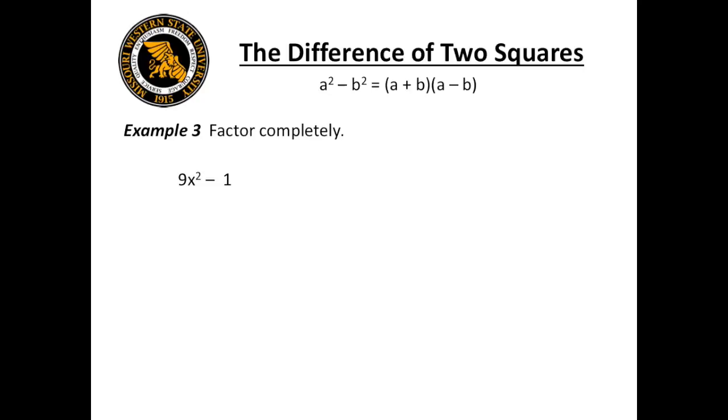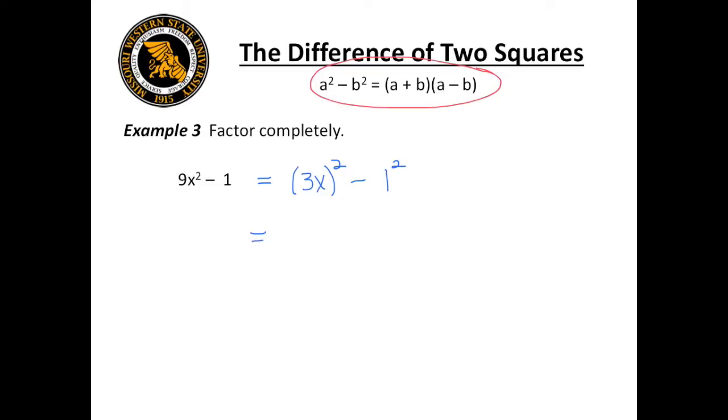In example 3, we're asked to factor the binomial 9x squared minus 1. Notice that the 9x squared can be written as the quantity 3x squared. Furthermore, 1 can be written as 1 squared. So what we have is a difference of two squares.